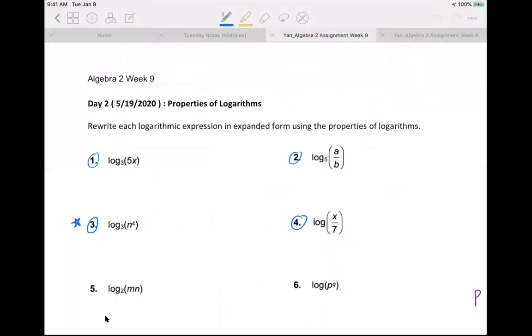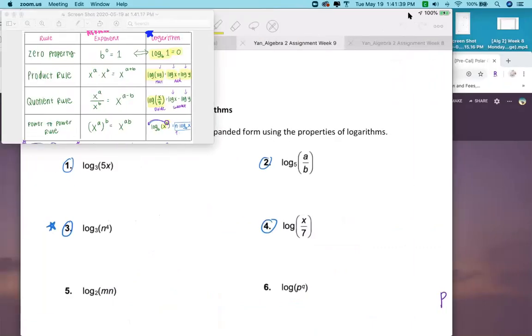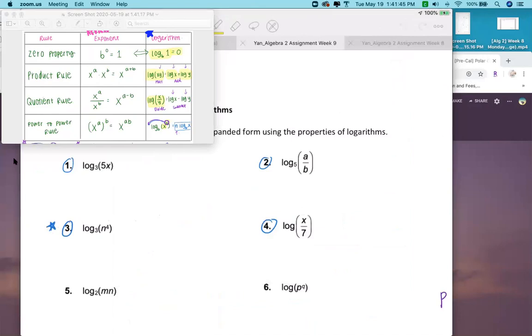And you do the questions. Okay, so right now I am posting both, and I have your questions here and the rules up at the top.